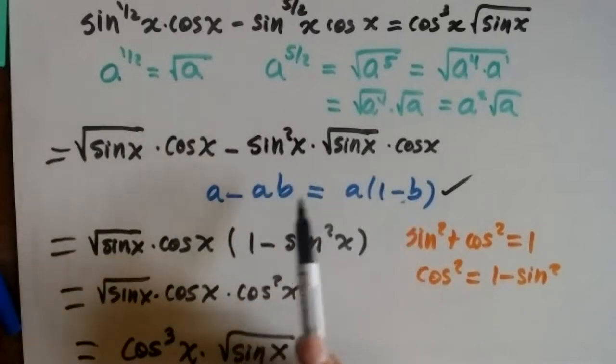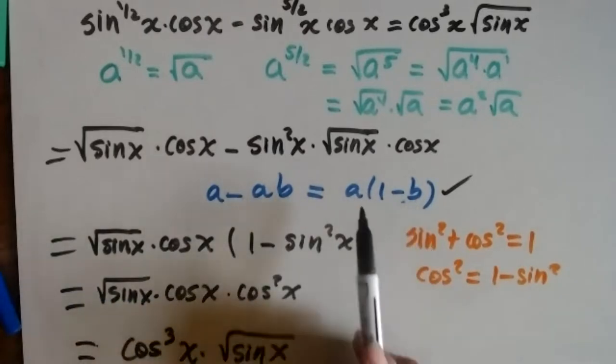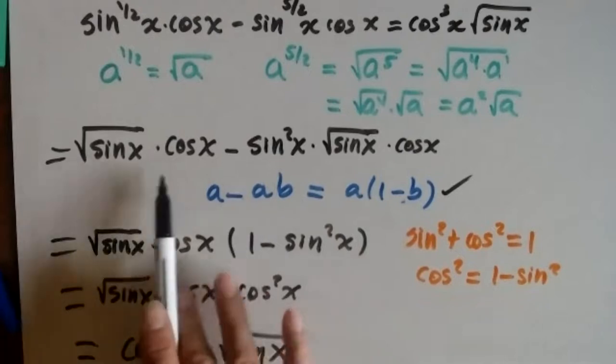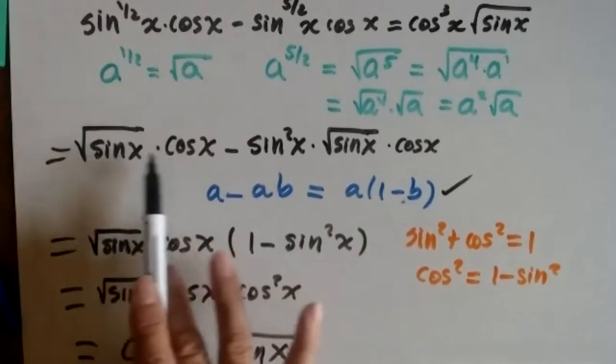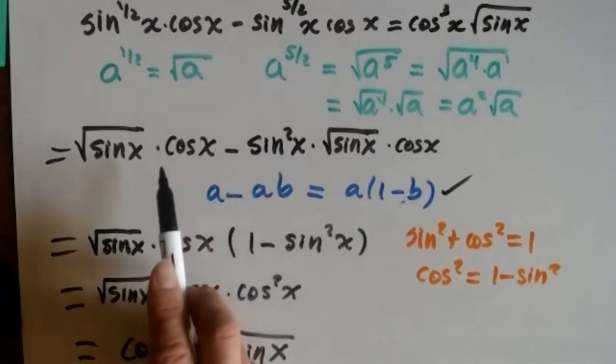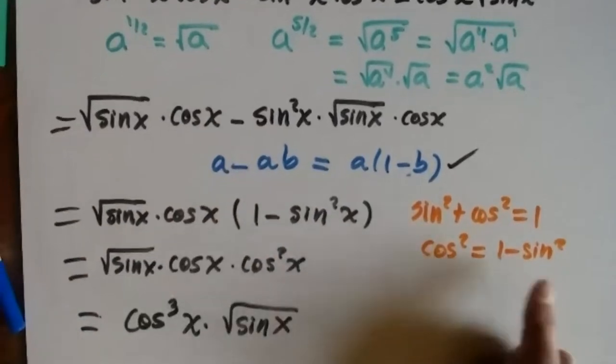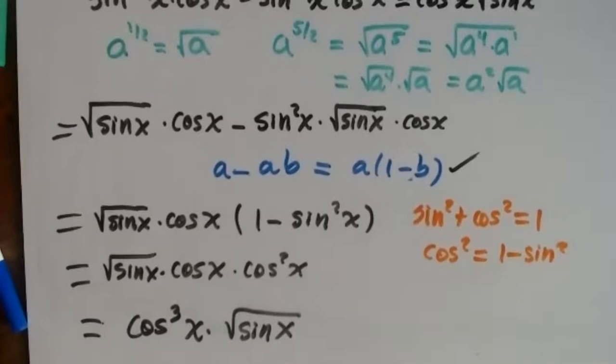This is the B. So A minus AB is A times 1 minus B. So it's what I did. Here is a 1. With this one, there is always a 1. So this is the one I put here. If you distribute back, this times this is this, and this times this is this. Once you have that one, you use the identity, and then you get what you need.